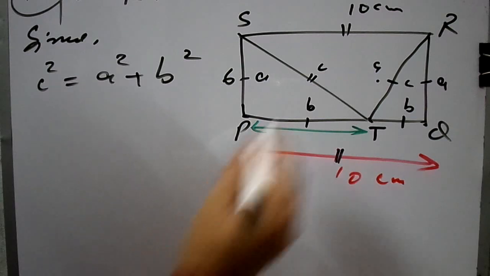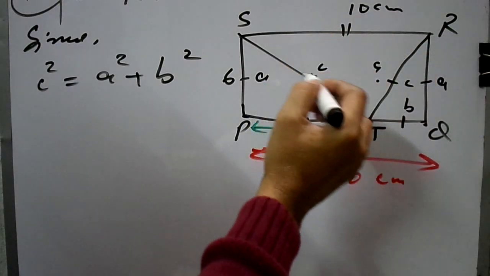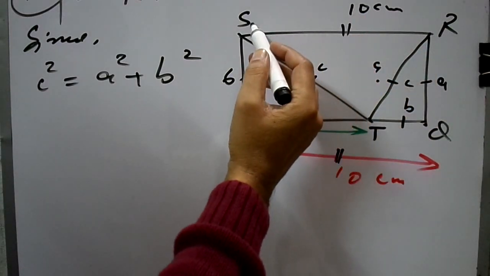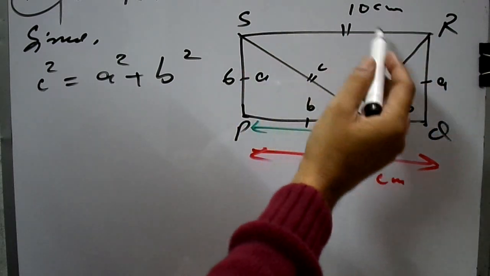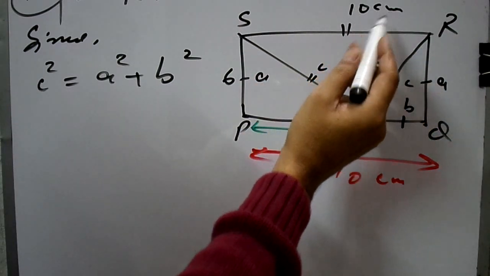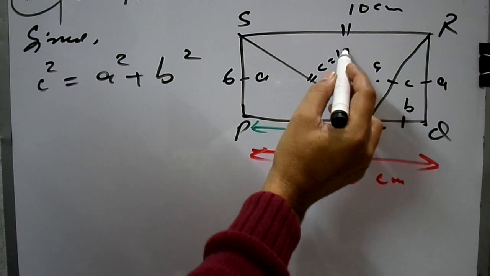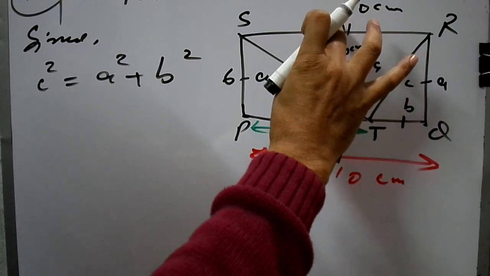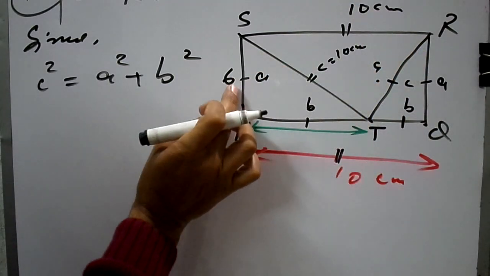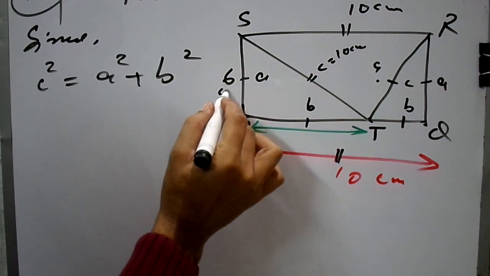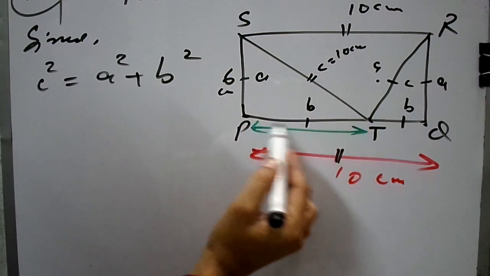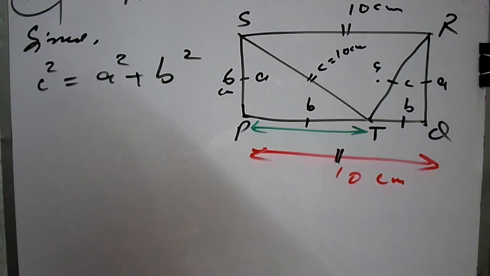Because this side is also 10, because it is an isosceles triangle, it is given to us that RS is equal to ST. So if it is 10 centimeter, then C is also 10 centimeter. So these two sides are known to you, this side is also known to you, that is 6 centimeter. So you can find this side, that is the greenish portion.